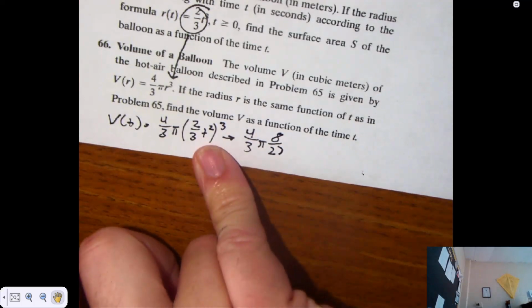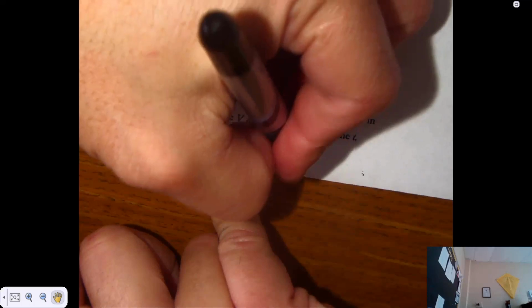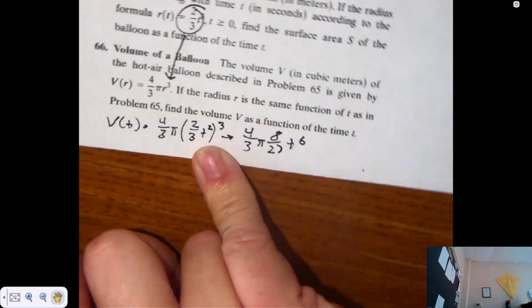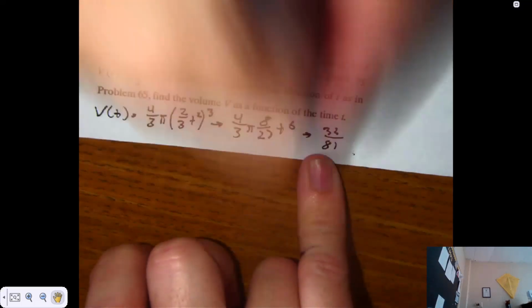So 4/3 pi, 2/3 cubed becomes 8/27. And what do you get when you cube a t squared? T to the what? T to the 6th. And you just do a little cleanup. 4 times 8 makes a 32. 3 times 27 makes an 81. Pi t to the 6th.